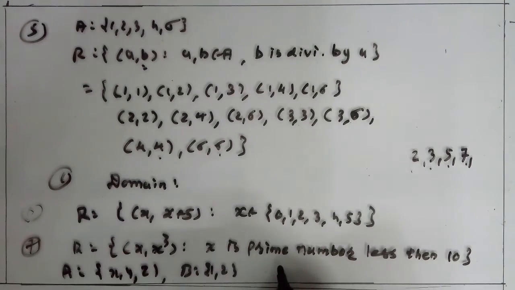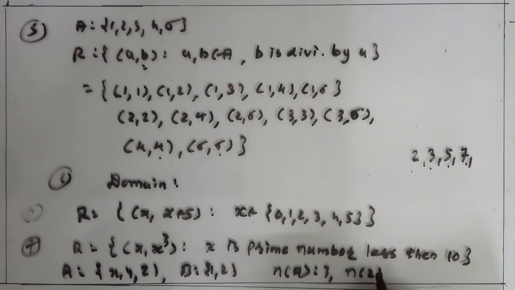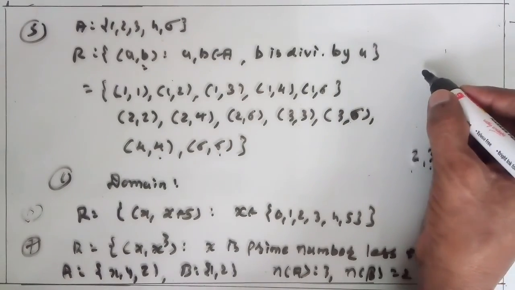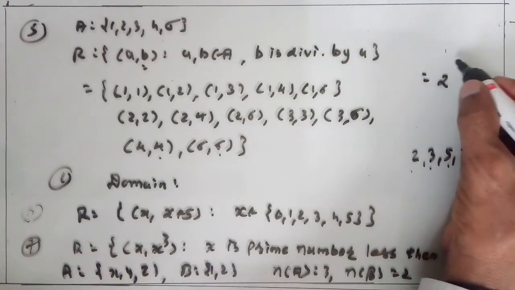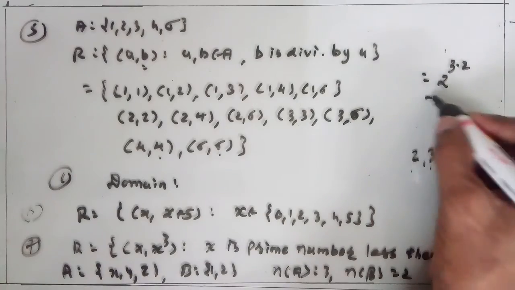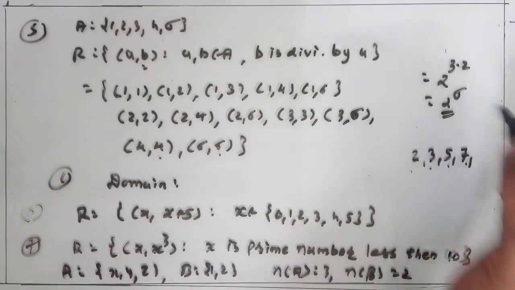Here A contains 3 elements, set B contains 2 elements. Therefore number of relations from A to B becomes 2 raised to 3 into 2, which is equal to 2 raised to 6. Clear?